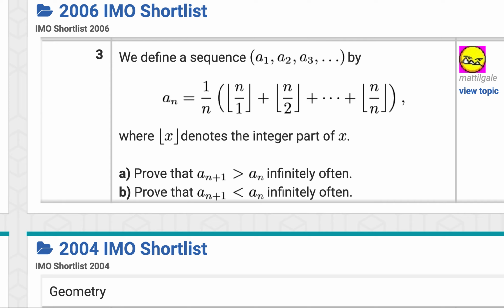1 over n times floor of n over 1 plus floor of n over 2 plus floor of n over n.